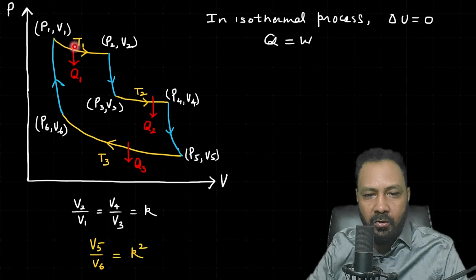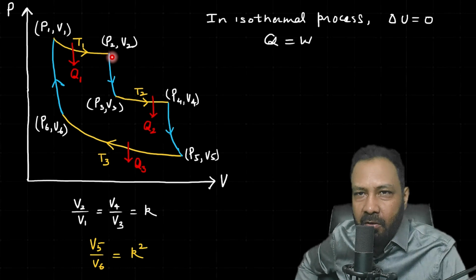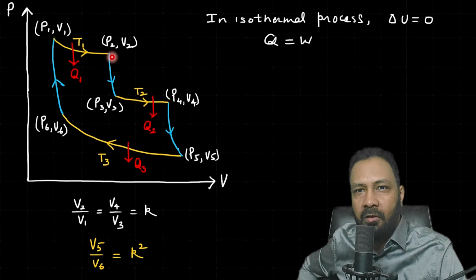Now Q1, for this part, is obviously the work done W1 here, and this is an isothermal process. In an isothermal process, work done is equal to nRT ln (final volume upon initial volume).